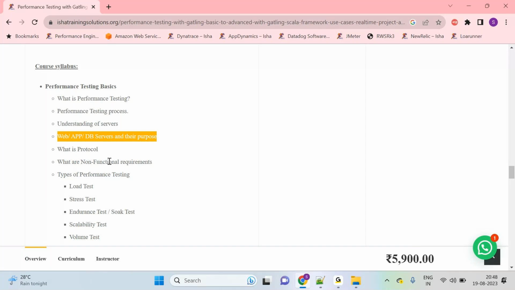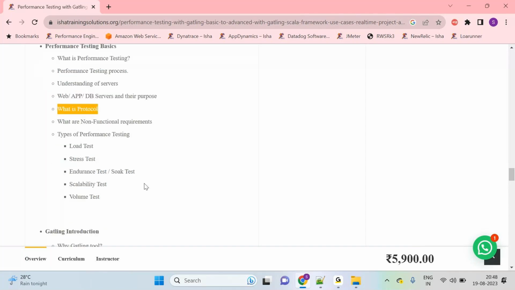And then straight away we are going to discuss protocols, because every performance testing tool that we use has a word called protocol. Protocol means what? Say I am talking to you, so the communication between you and me is a voice communication.